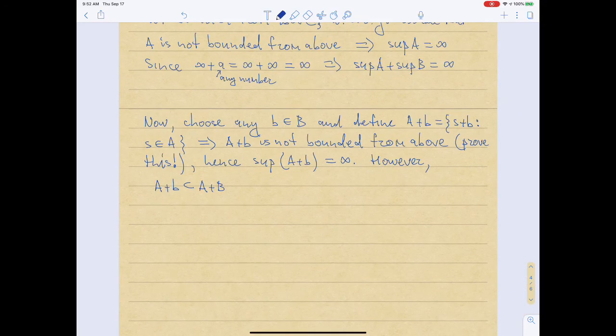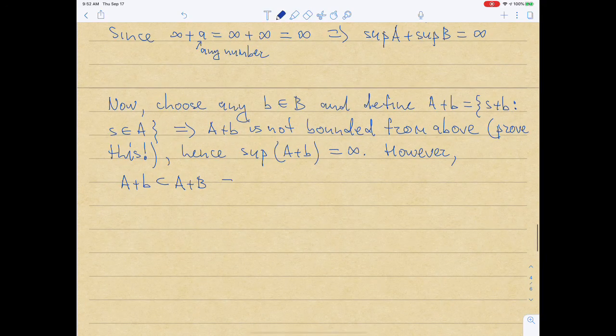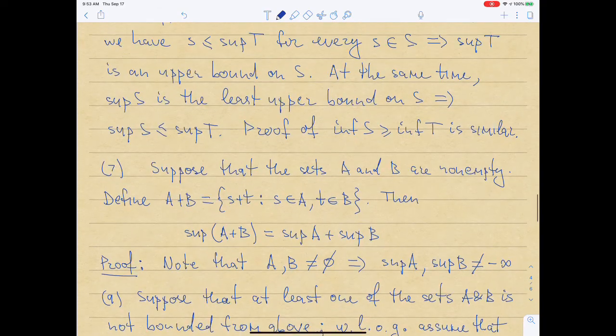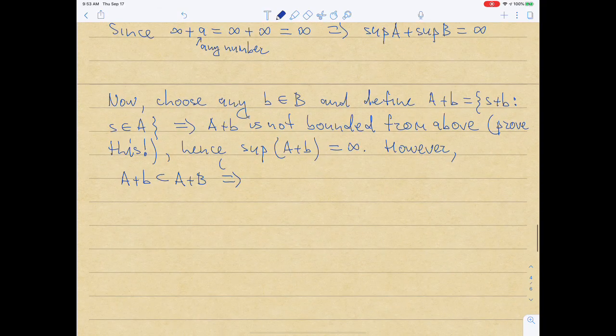And so therefore, by the previous example, which was, I believe, 6, what we have is that the supremum of A plus b is less or equal than the supremum of A plus B. Well, but then I know that this supremum is equal to infinity.